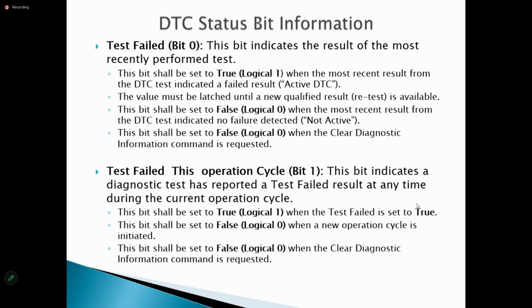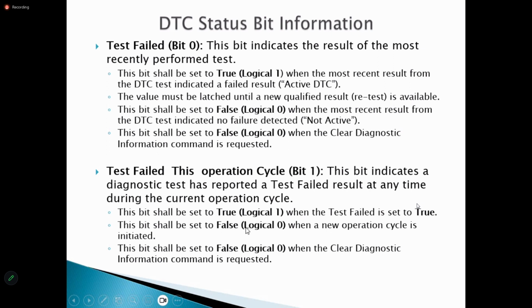So when the test is run and the test is failed, then this bit of that DTC will set to true. Understood? This bit shall be set to true or logic 1 when the most recent result from the DTC test indicated a failed result. The value must be latched until a new qualified result or retest is available.